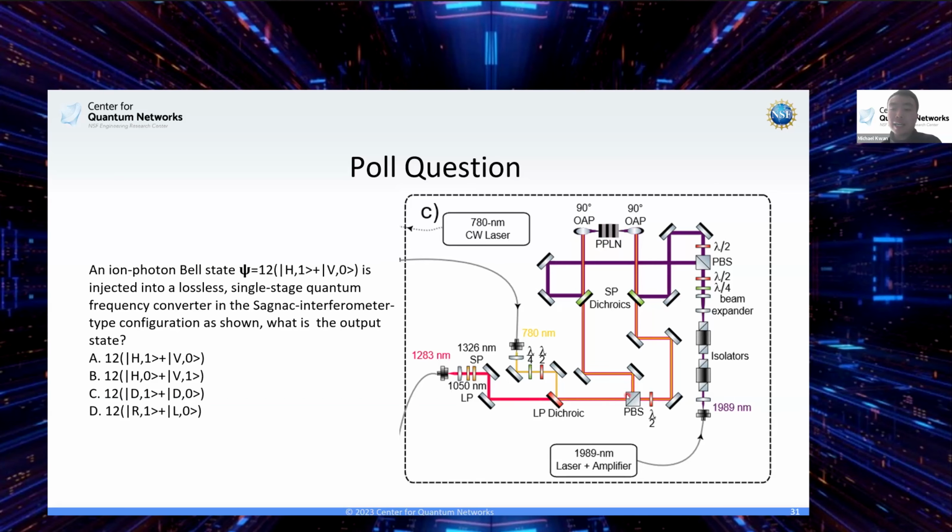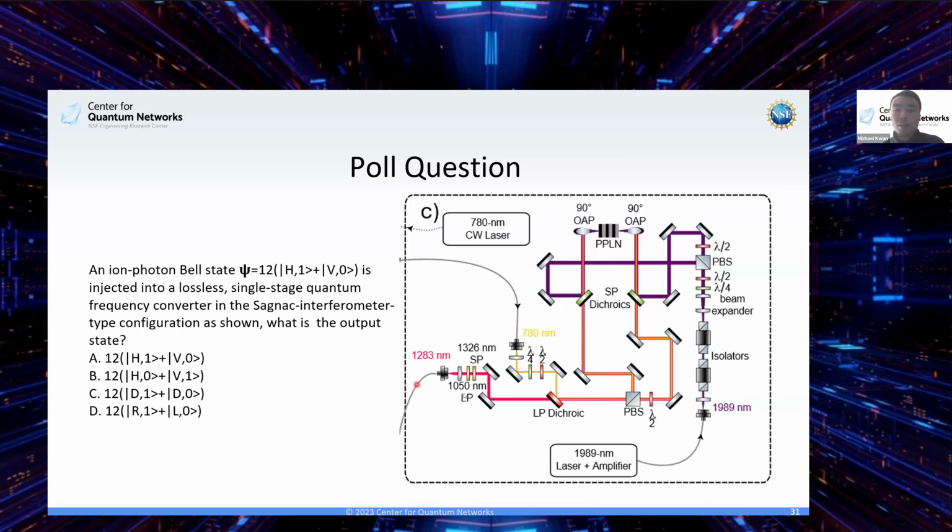Now, on the other side, we have 780 incident on the PBS, V polarization through the PPLN. It is now 1283, but also V polarization here. And then it undergoes a 90-degree rotation to H and recombines as H.